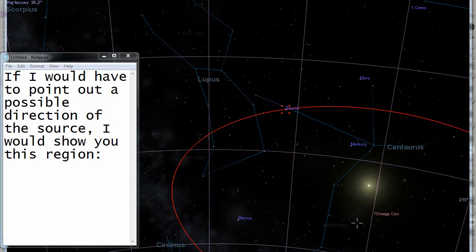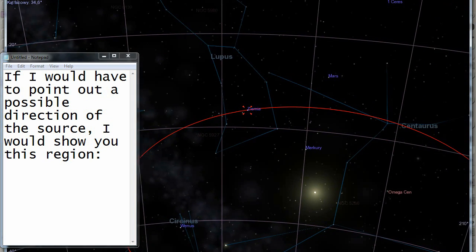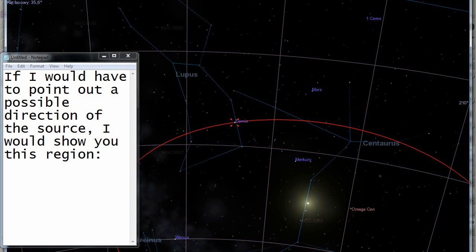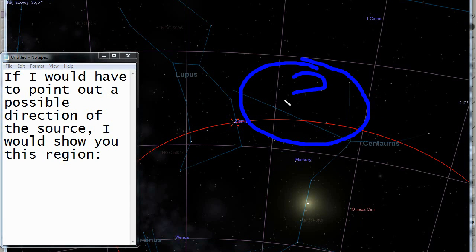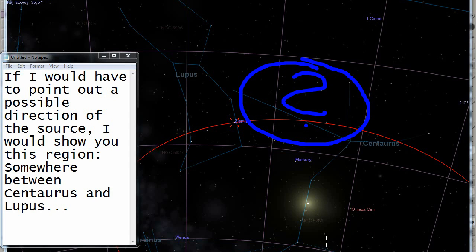If I had to point out a possible direction of the source, I would show you this region: somewhere between Centaurus and Lupus.